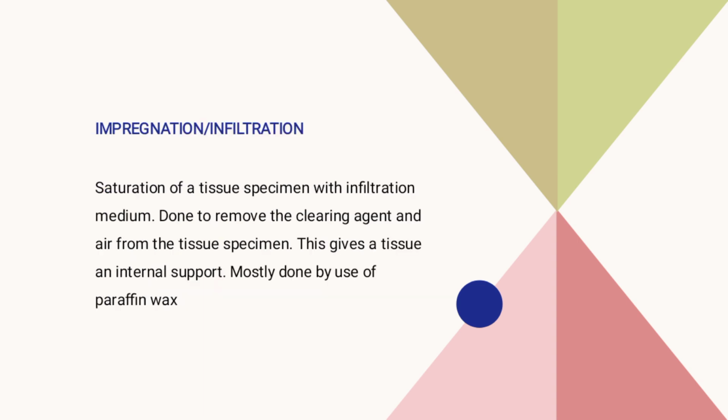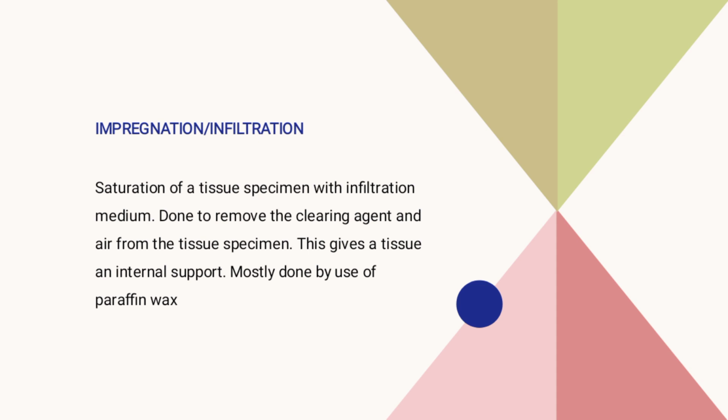The third process is infiltration, which is also known as impregnation. This is the saturation of a tissue specimen with infiltration medium, and it's done to remove the clearing agent and air from the tissue specimen. This gives a tissue an internal support. Remember, here we have a tissue that we've removed water from, and we have also removed the alcohol that we used to remove the water.